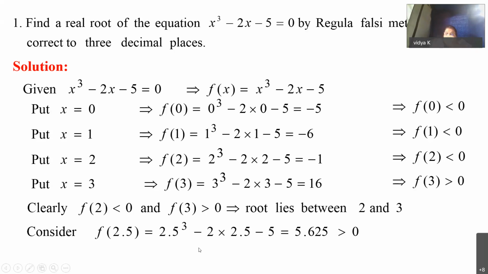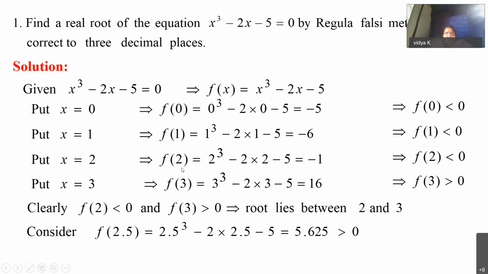Now, because the regula falsi method has slower convergence than the Newton-Raphson method, you can make the difference between these two much lesser. How? Once you understand that the root lies in between 2 and 3, you can take any in-between value.